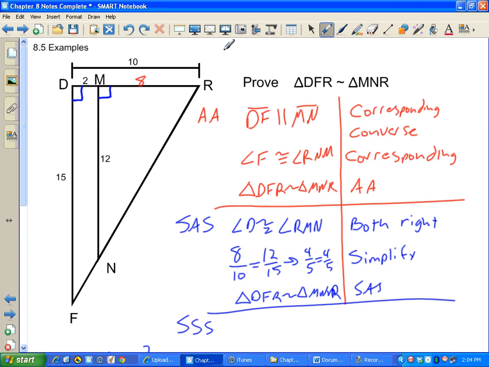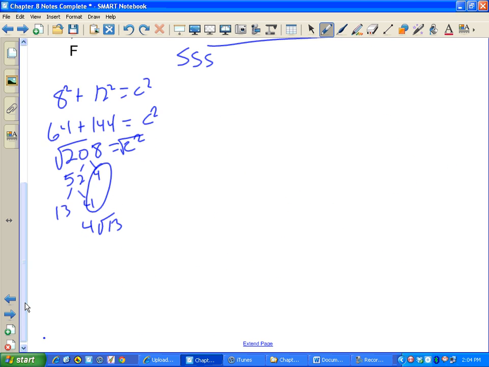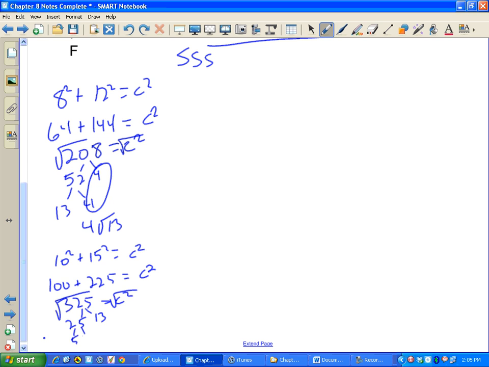In the big triangle, I've got 10 and 15, so I'm going to do Pythagorean theorem with that. 10 squared plus 15 squared equals C squared. 10 squared is 100. 15 squared is 225. So this is 325 equals C squared. If I square root both sides here, 325 is 25 times 13. 25 is 5 and 5, so this is 5 square root of 13.